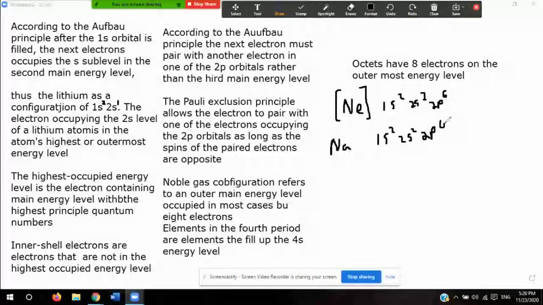But because sodium has 11 electrons, we say 3s1. So there are the 11 electrons filled.